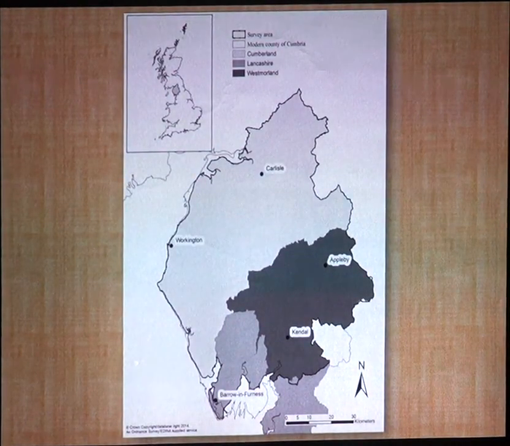Right, okay, so this was the area I looked at. I didn't look at the entire post-1973 county of Cumbria. I cut out the little bit of Yorkshire that came into Cumbria because it's quite different. So really I use the historic counties of Cumberland and Westmoreland plus Lancashire over Sands. And there is actually a reason for using that.